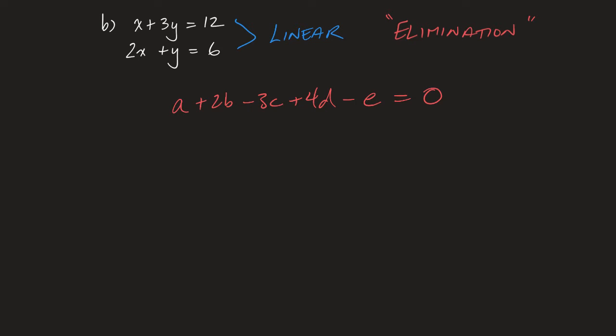And then you'll have another equation with all those things equals 5. And then you'll have like a 2a plus 3b minus... And you're going to have 5 equations with 5 unknowns. And if your default method every time you have a linear system is to go through and use substitution, it is going to be very difficult to solve these systems.